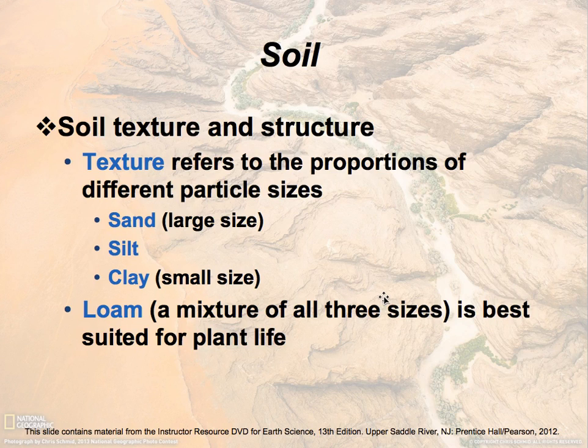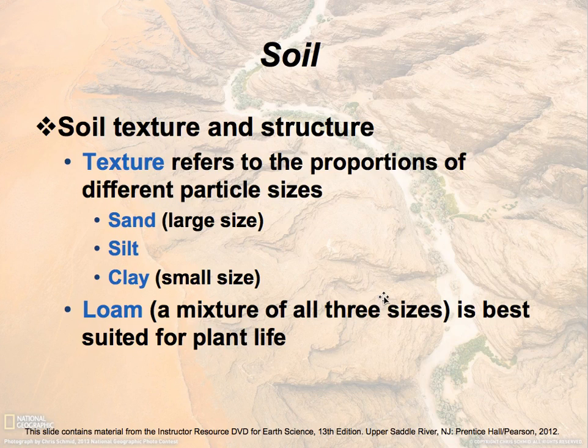Sand, silt, and clay are ways of describing grains of particular size. They're not limited to exactly what I'm saying. Sand is literally a description of a grain size. Silt and clay are literally descriptions of grain size.